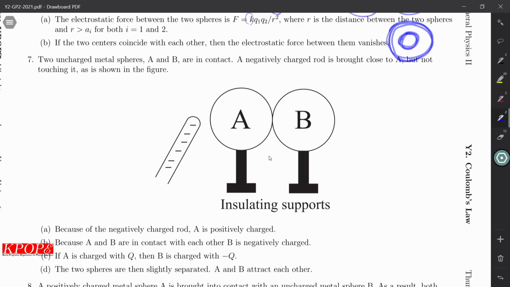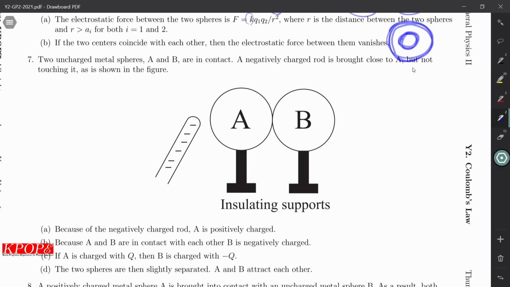Number 7. Two uncharged metal spheres A and B are in contact. Uncharged metal spheres, okay, in contact. So they are electrically neutral. A negatively charged rod is brought close to A. Then what happens?